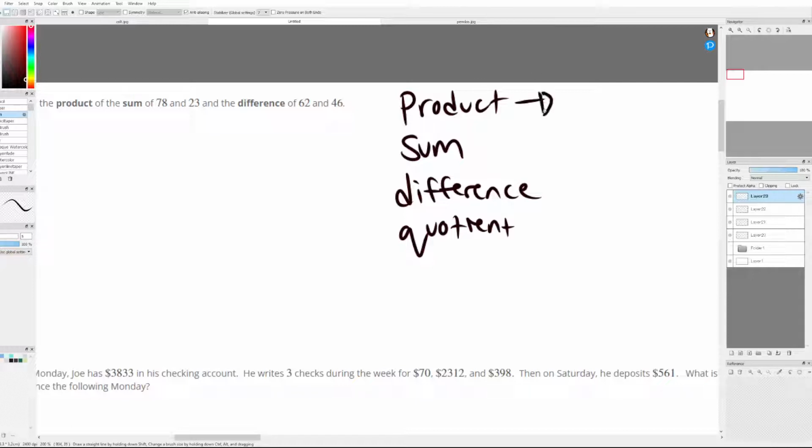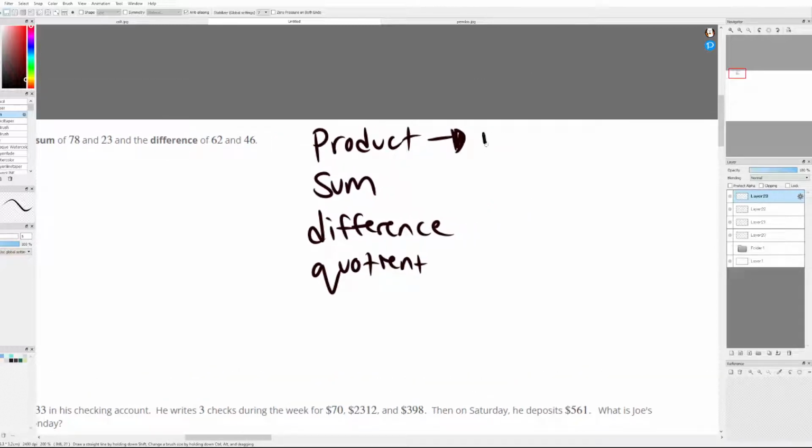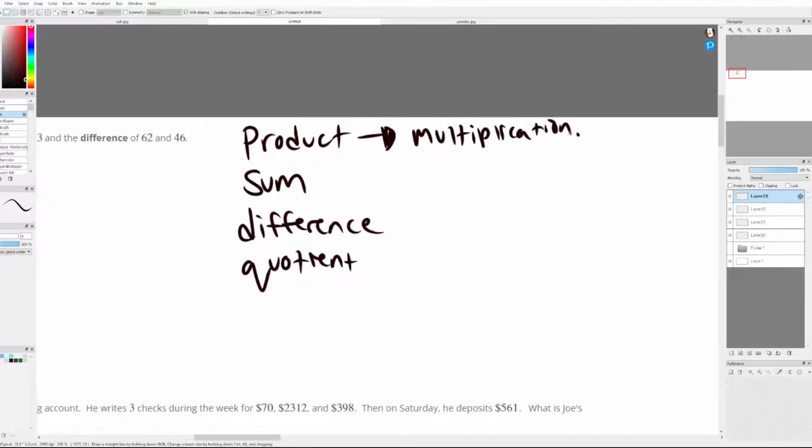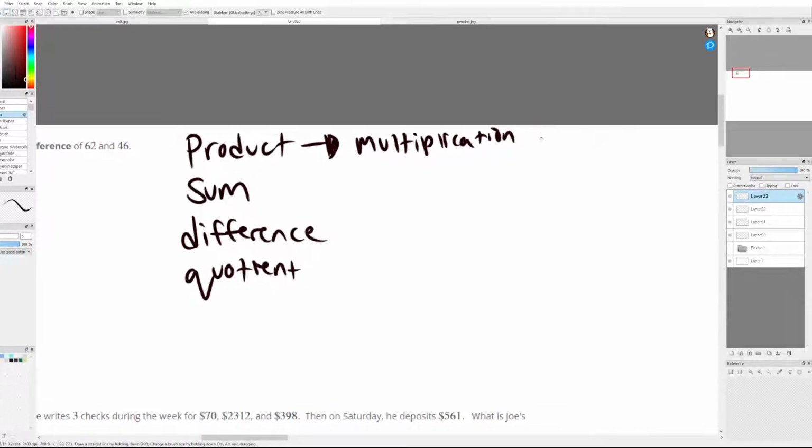Product refers to multiplication. Some indicators that you're going to be multiplying is the word of. For sum, that typically implies addition. You can usually see this when it says and.